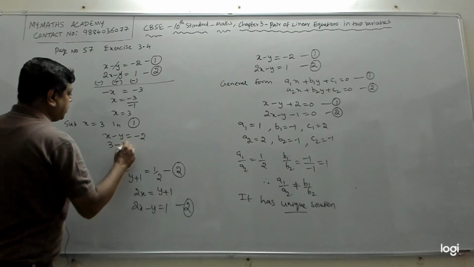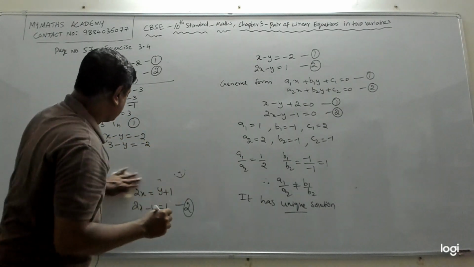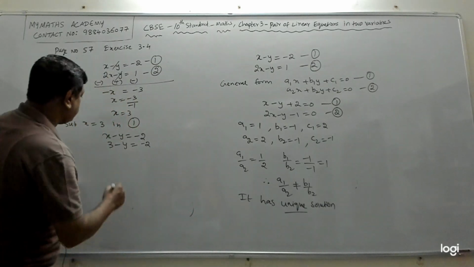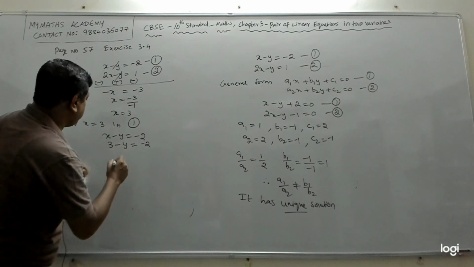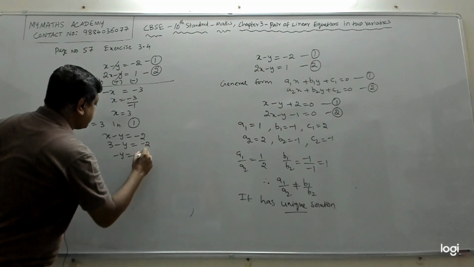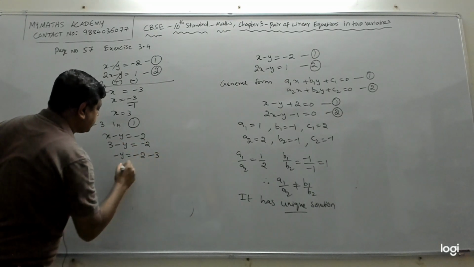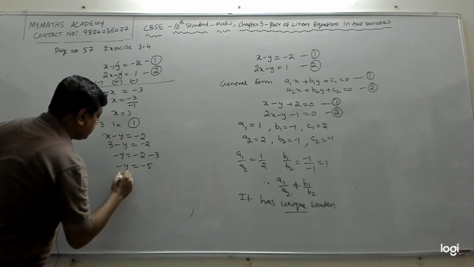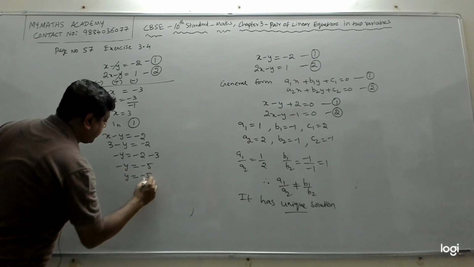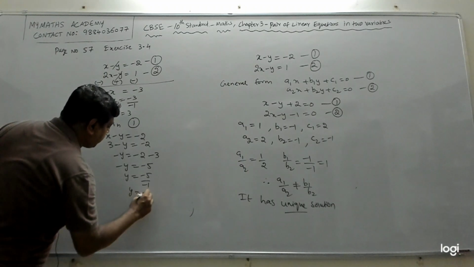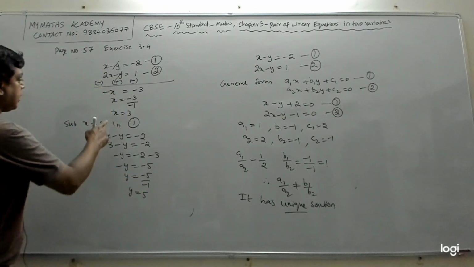So 3 minus y equal to minus 2. So minus y equal to minus 2 minus 3, so minus y equal to minus 5. y is equal to minus 5 by minus 1, which means y is equal to 5. So now we have found x and we have found y.